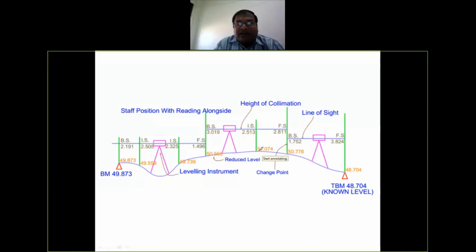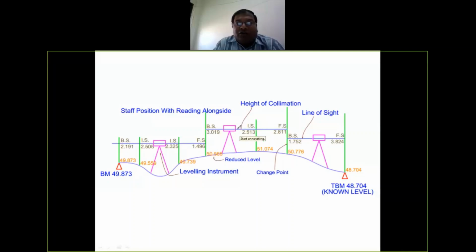Now coming to here, if you want to find the RL of the particular point, first of all you have to calculate the height of instrument, because here it will be different, because you shifted your instrument position. So you know the RL of this particular point, it is called the RL of change point. Here you are getting two readings, that's why. So instead of benchmark, you have to take the RL of change point plus backsight, and you will get the new height of the instrument.